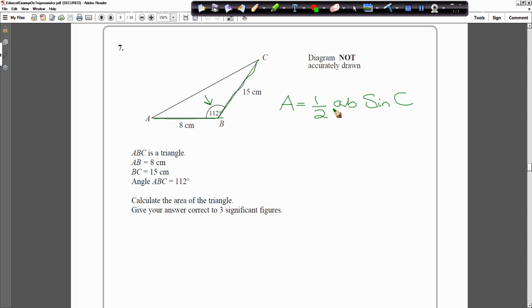So at the moment, this general formula doesn't necessarily match the labeling of our triangle. If you want to, we could change the labeling to make it match. So we can just literally scribble there, and there, and there. According to this formula, A and B are the sides either side of the angle.